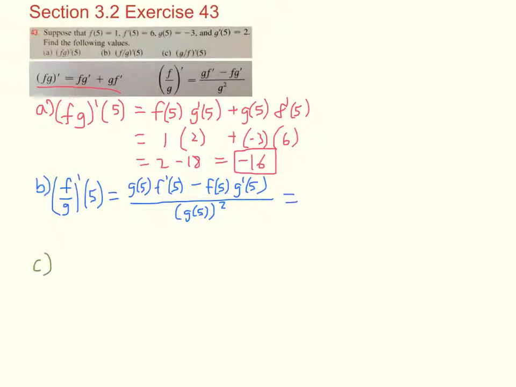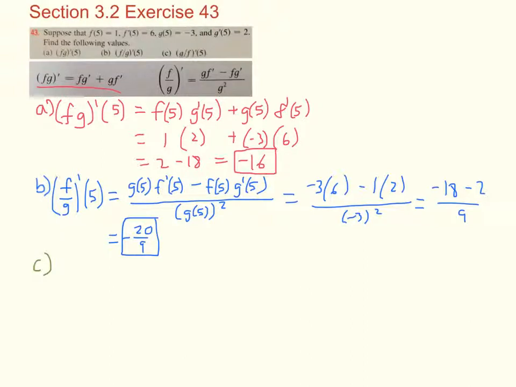So we can substitute in our values. g at 5 is negative 3, f prime at 5 is 6, minus f of 5 is 1, times g prime at 5 is 2, all over g of 5, which is negative 3 squared. Multiply that out, we have negative 18 minus 2 over 9, which is going to come out to be negative 20 over 9.